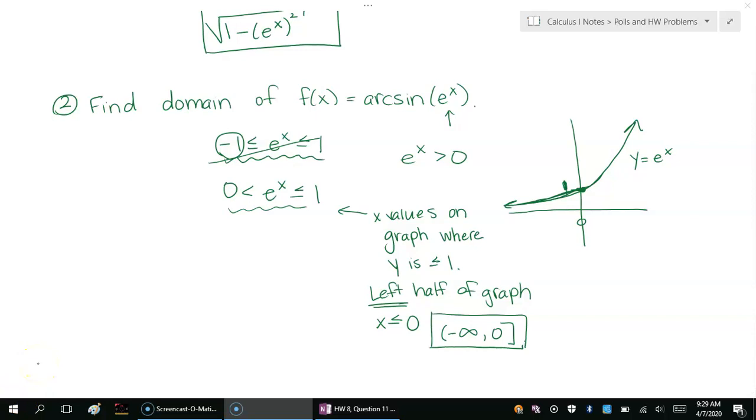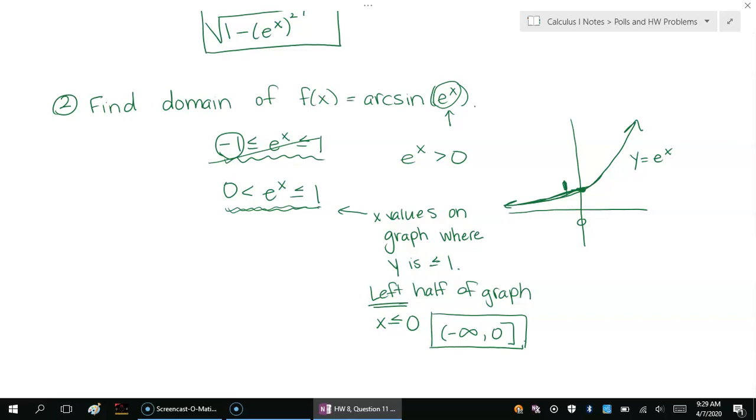And just to recap what we said, we started by observing that whatever I plug into the arcsine has to be between -1 and +1. In this case, the thing that I'm plugging into the arcsine is always positive, which gave me this inequality here, that I really needed that e to the x to be less than or equal to 1.